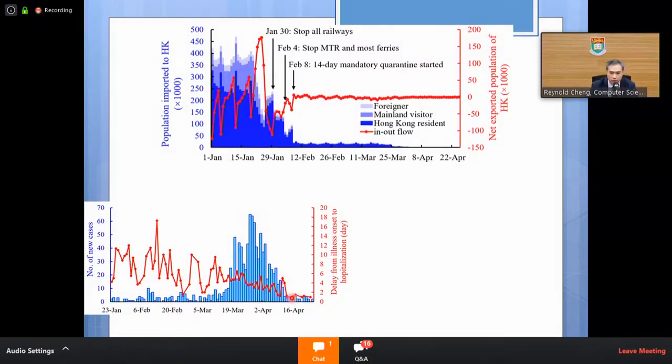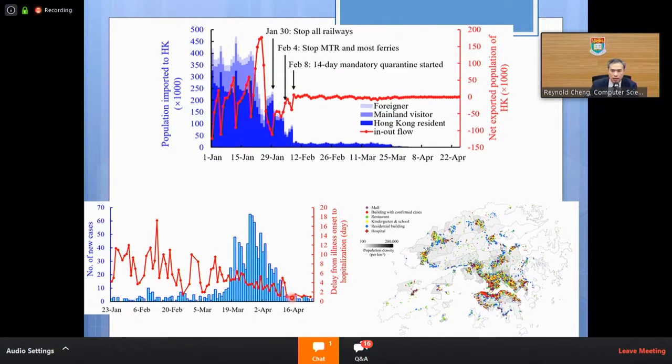Another very important data to us is the distribution of different kinds of buildings in Hong Kong. As you can see here, there are a number of different locations such as buildings, restaurants, kindergartens, and so on.